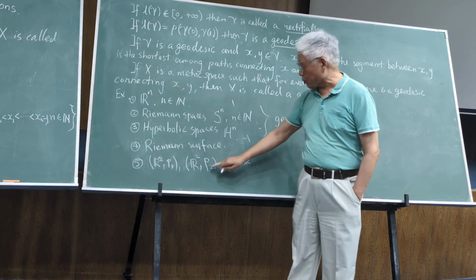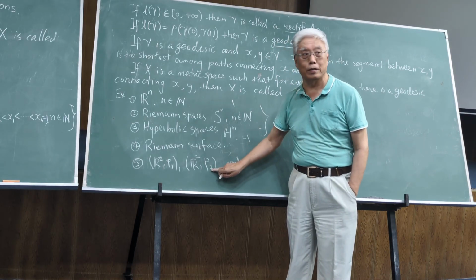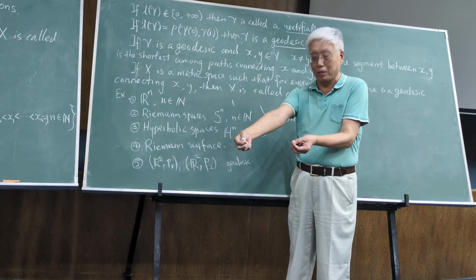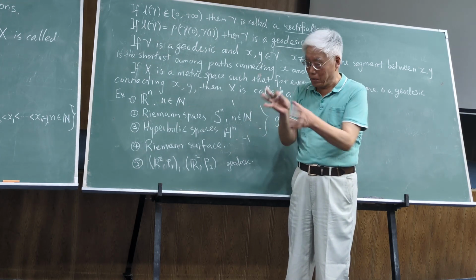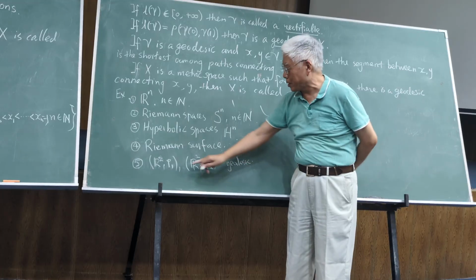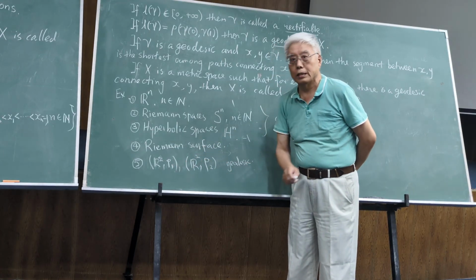Both these are geodesic. This one is geodesic, depends on the Euclidean statement that a straight line segment is the shortest. That is an interpretation of that statement. How about that one?